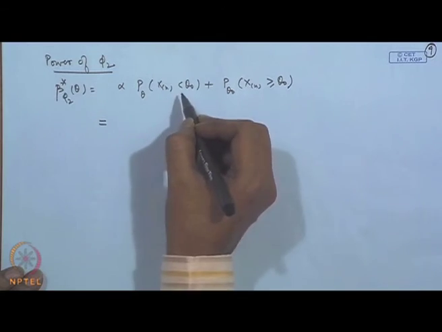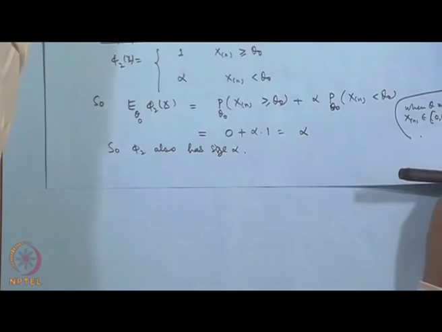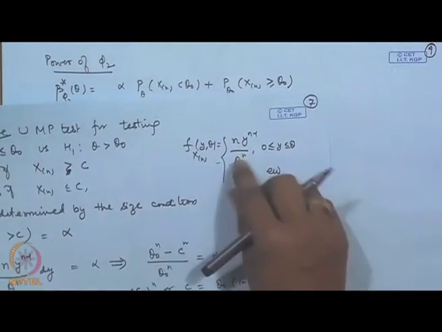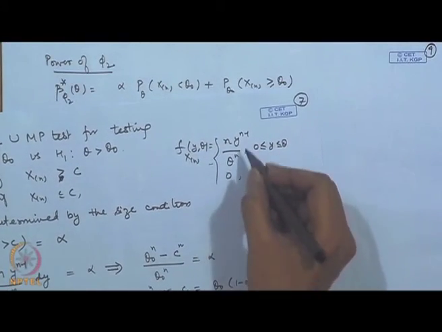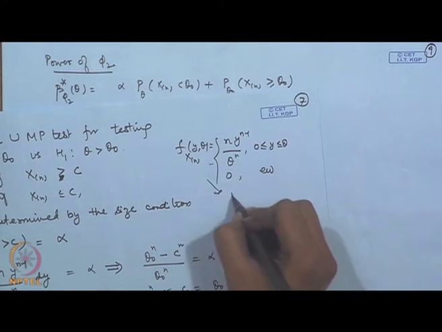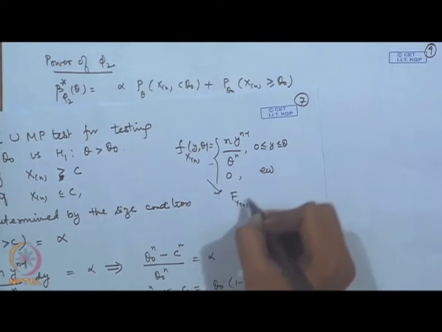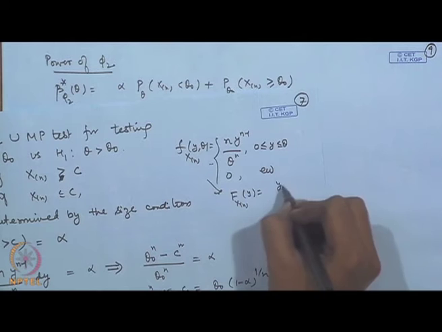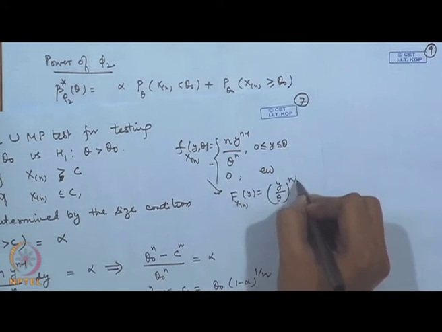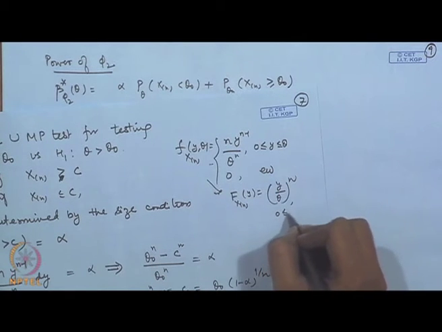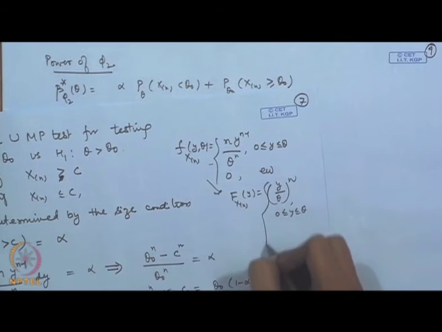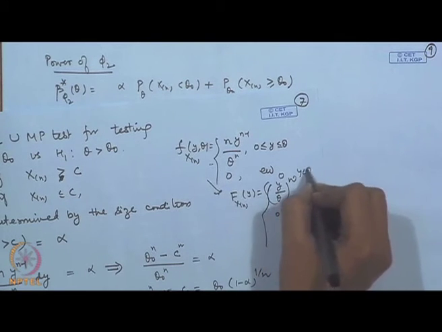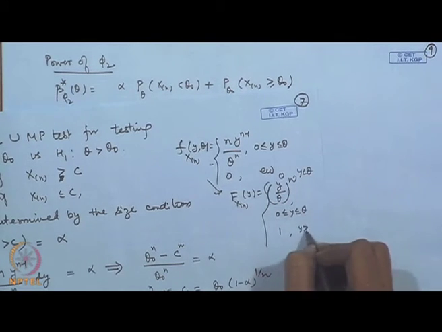Now, we have already considered the distribution of x_n, which is of this form. So, what is the CDF here? That is y by theta to the power n for 0 less than or equal to y less than or equal to theta. It is 0 for y less than 0, it is equal to 1 for y greater than theta.